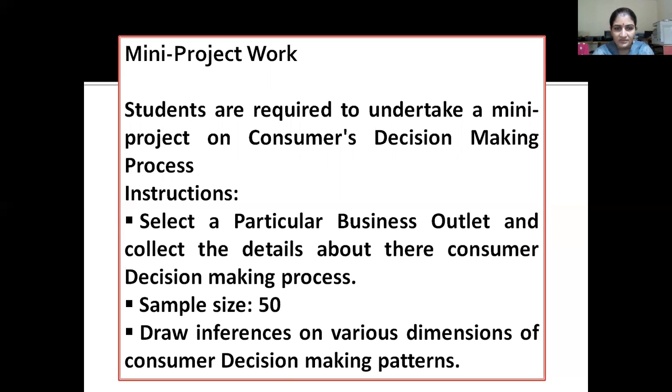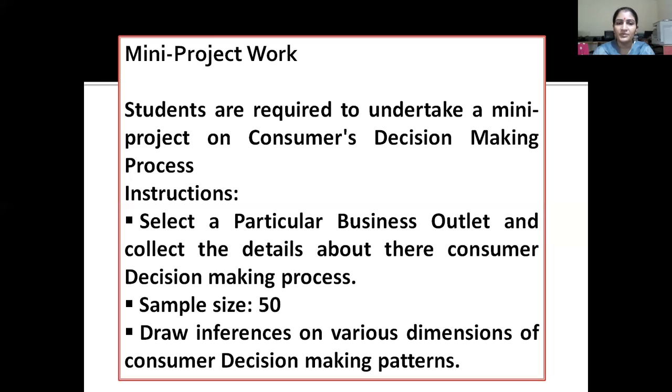The sample size should be 50, and based on the consumer decision making process of these 50 samples, you have to draw inferences on various dimensions of the consumer decision making patterns. Here the decision making patterns should be studied, and how these different consumers make their decisions should be highlighted.